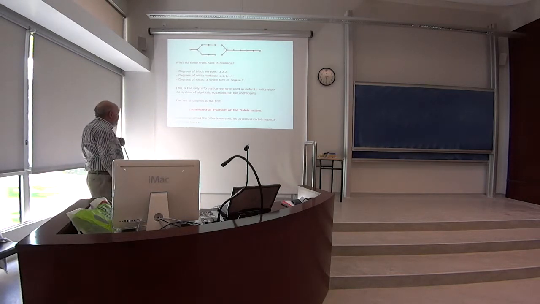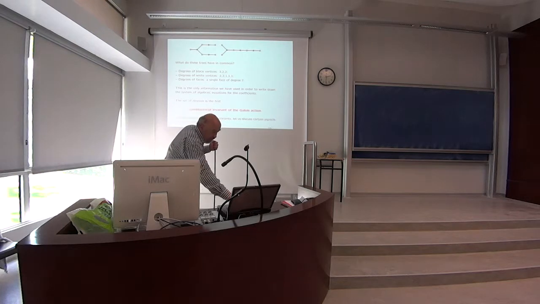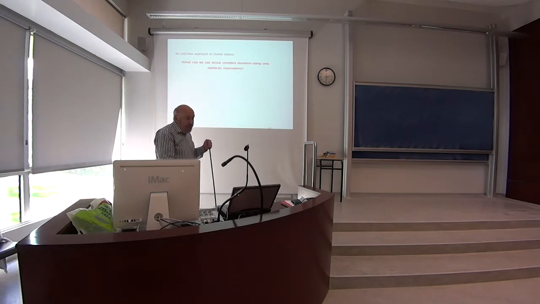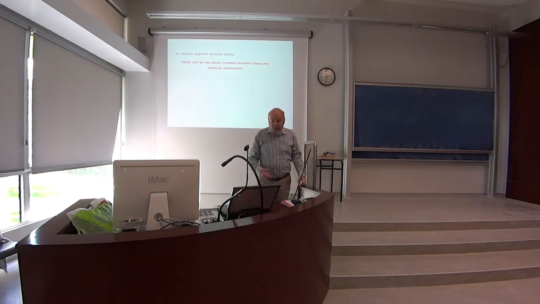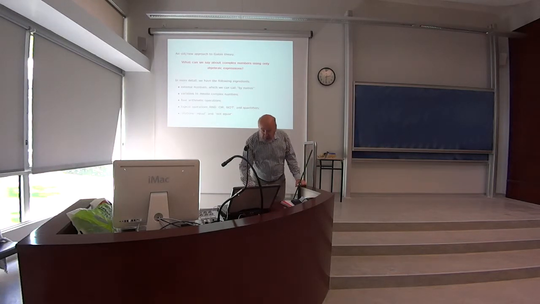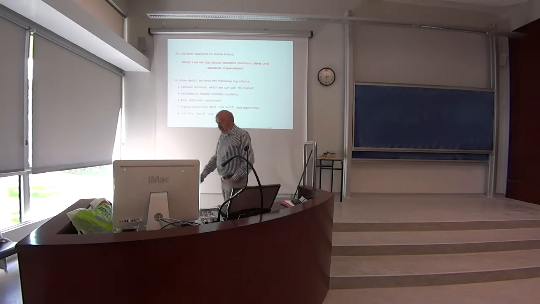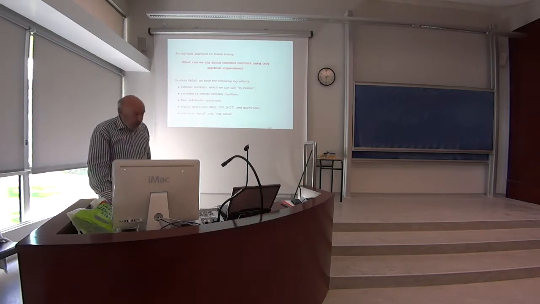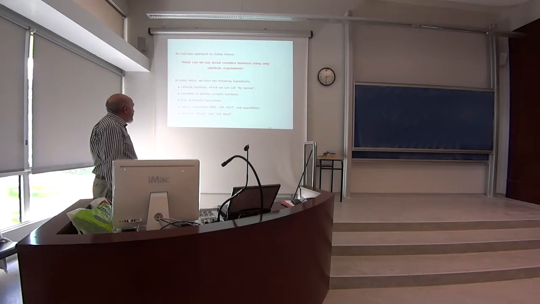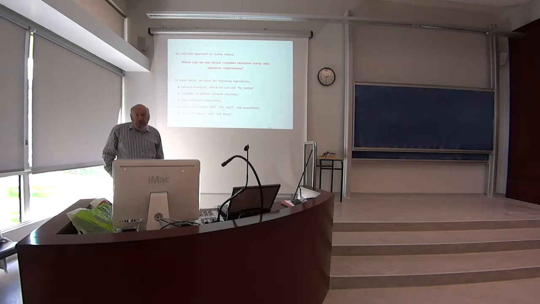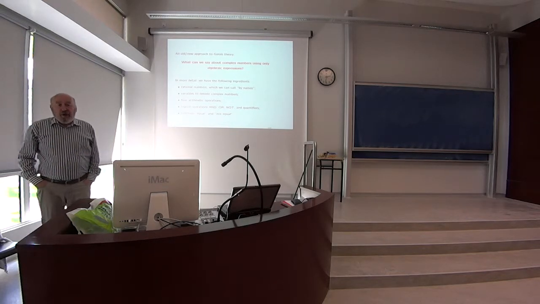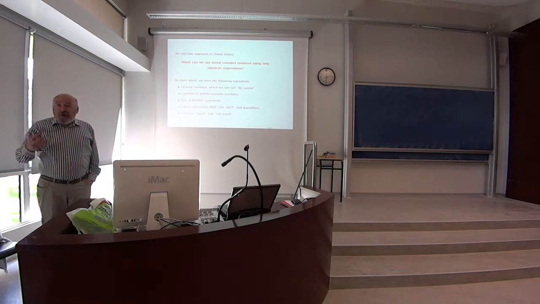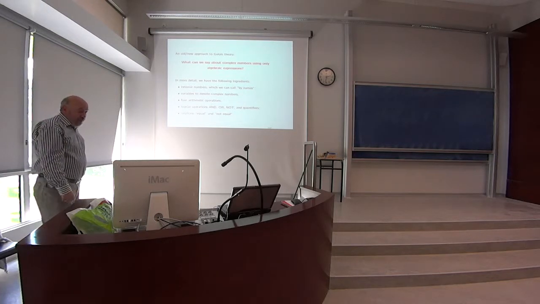Now, before discussing the other invariants, I would like to say something, not to develop Galois theory here, but just to explain how it works. So the main question is what can we say about complex numbers if we have at our disposal only algebraic expressions.